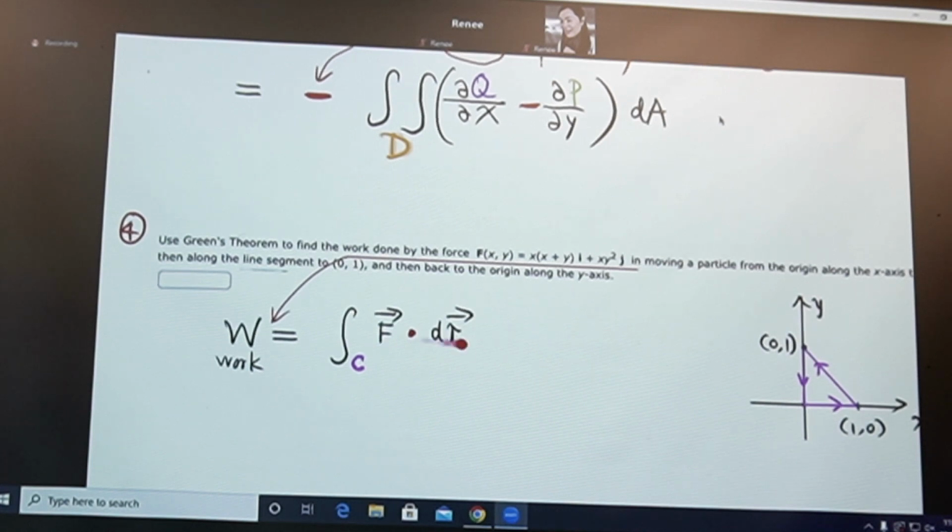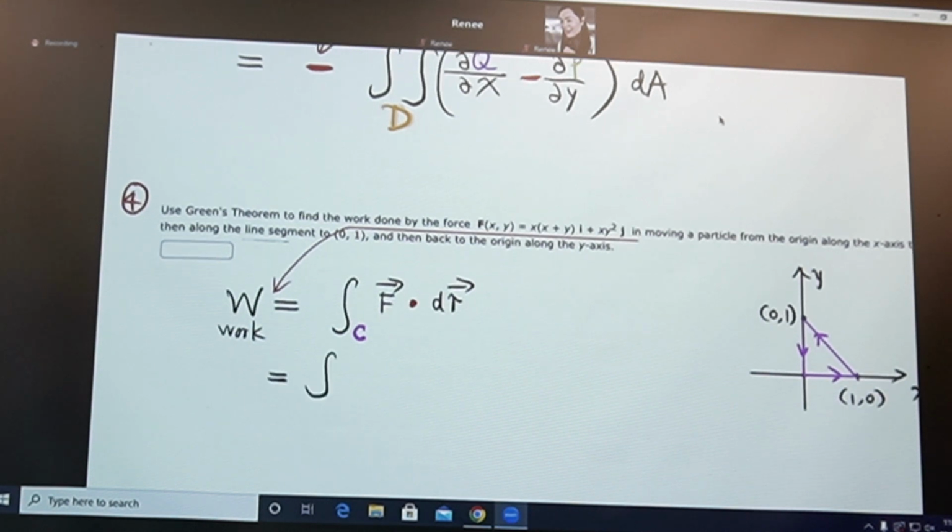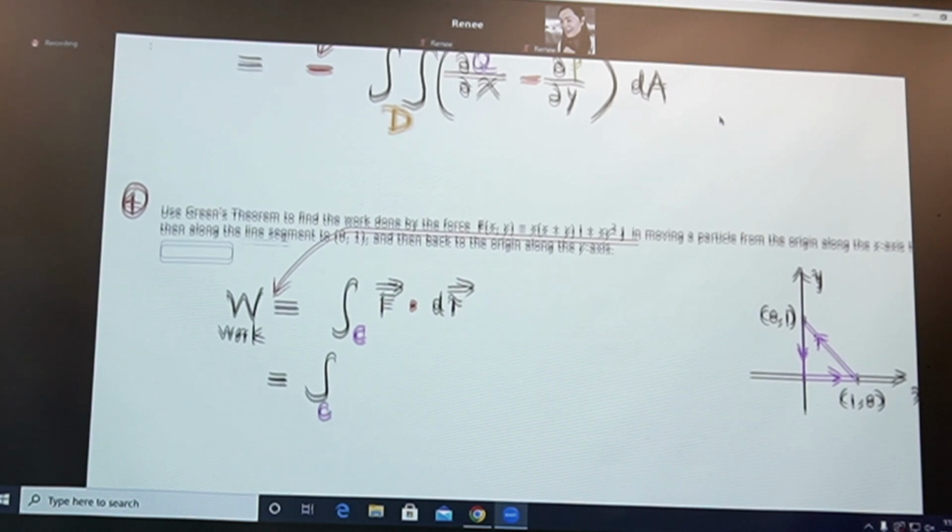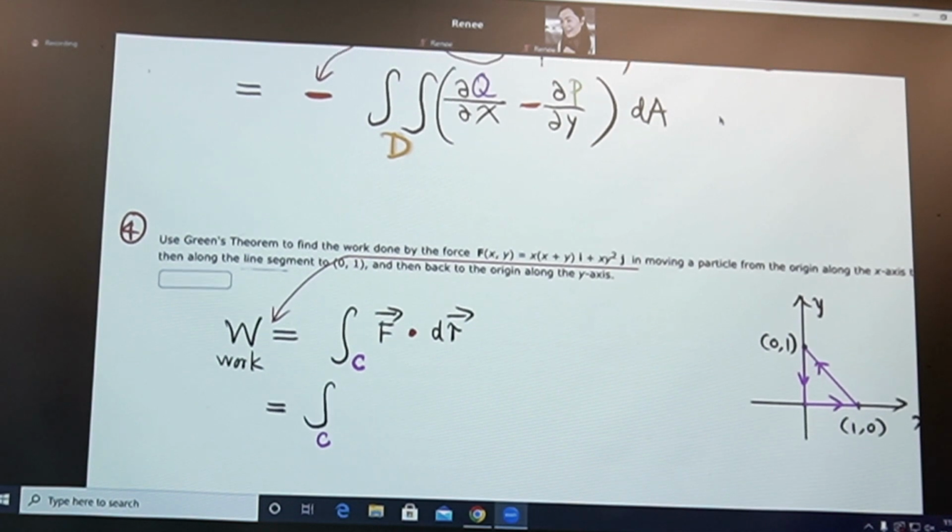So what is this one over here? That's equal to the integral over curve C of F dot dr. Remember, this is the same as P dx plus Q dy over the curve, right?